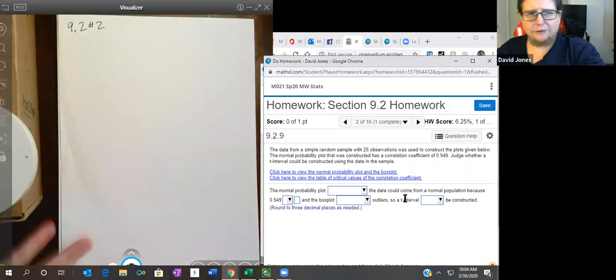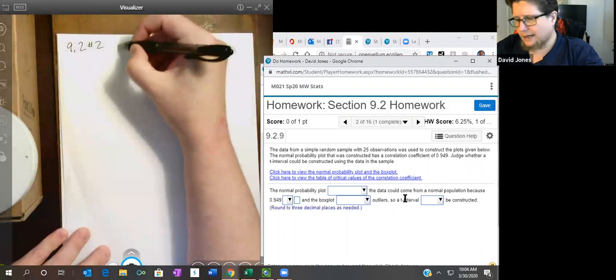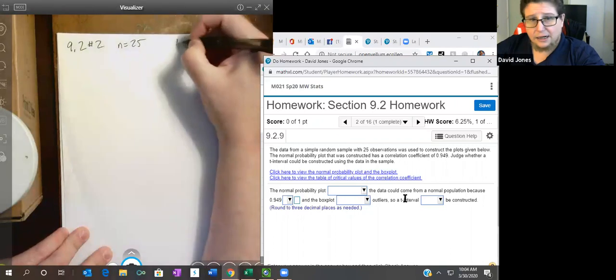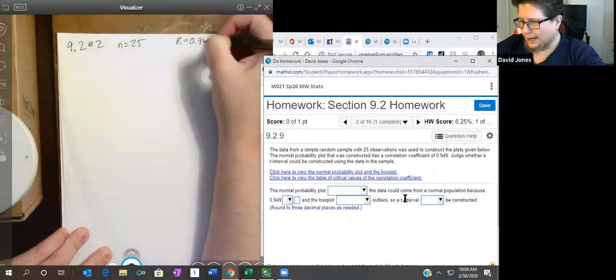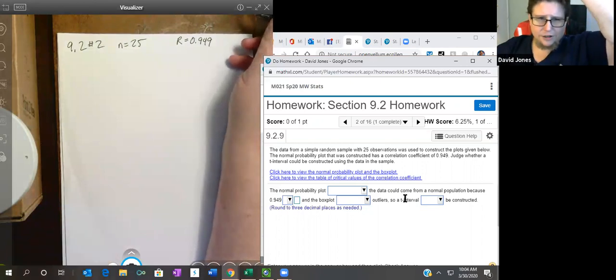It says the data from a simple random sample with 25 observations, so n equals 25, was used to construct the plots given below. The normal probability plot that was constructed has a correlation coefficient of 0.949. Judge whether a t-interval could be constructed using the data in the sample.